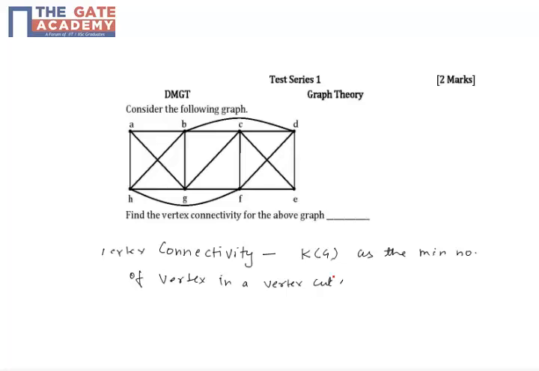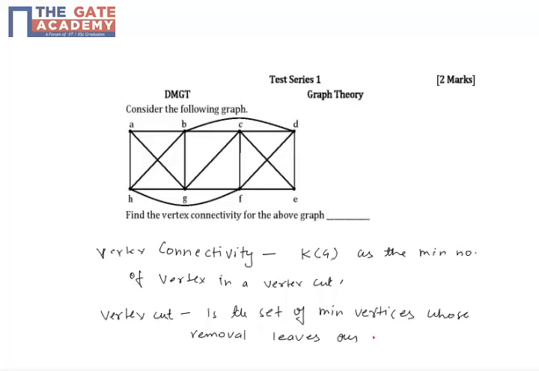Okay, so what we have to do, we have to find out the vertex cut now. So let's see what is the vertex cut. A vertex cut is a set of minimum vertices whose removal leaves our graph G disconnected.